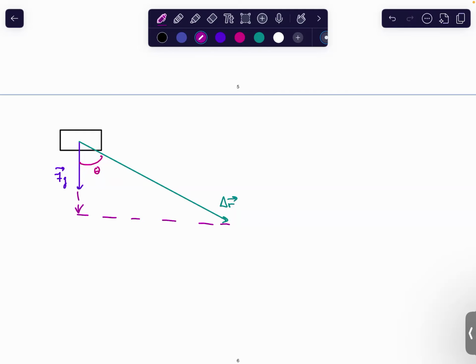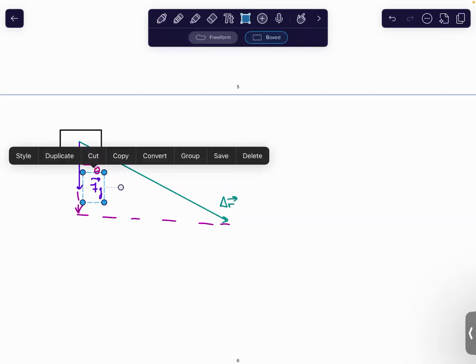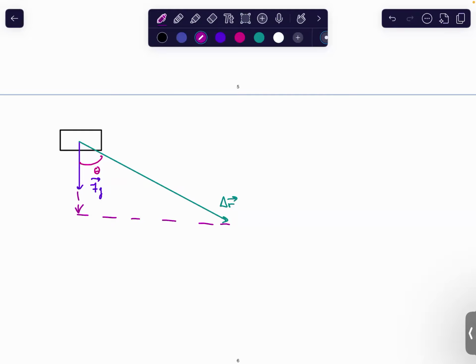Okay, and so what you're going to have down this side of the triangle is a displacement vector component of r cosine of theta. So when you're looking at this, remember in the first one you had the component of the force vector.